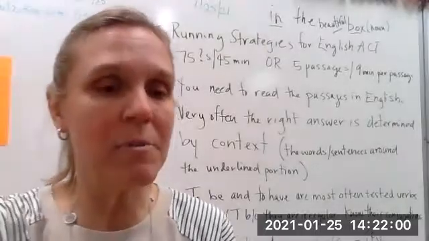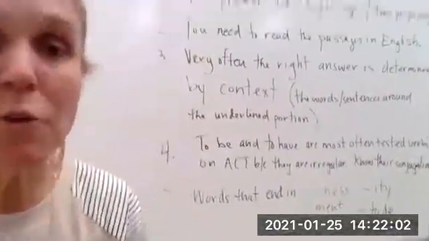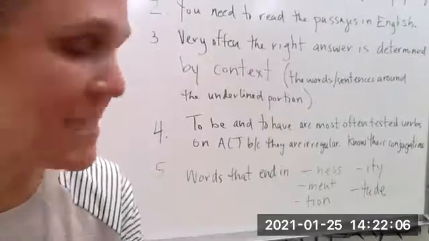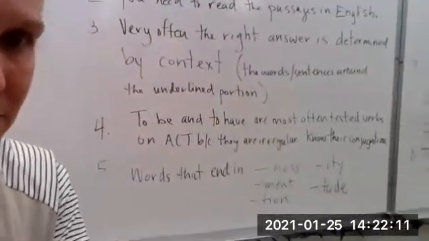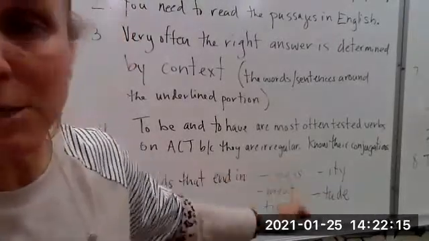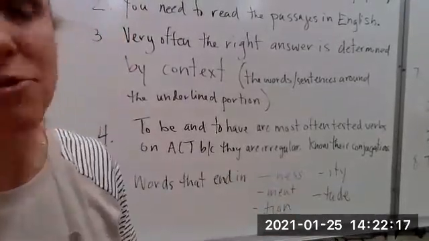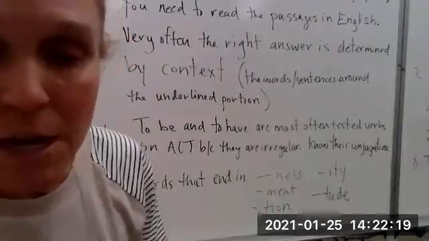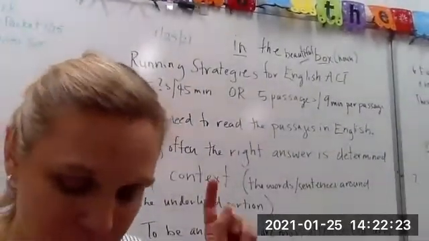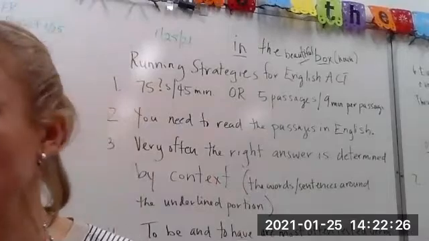And if you can put an article in front of a word, like a, an, or the, most likely it's a noun. So that's another little trick. But also words that have these suffixes, like ness, ment, tion, ity, tude, those are usually abstract nouns, but they're usually nouns.